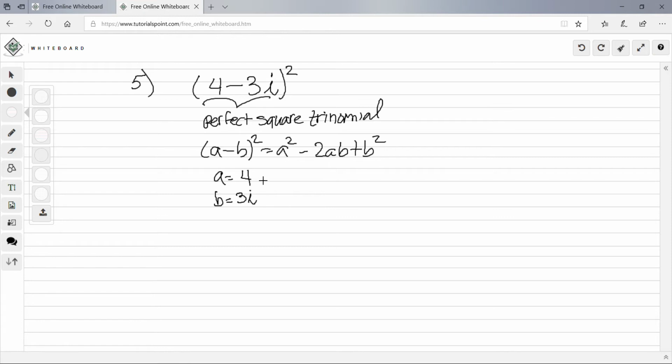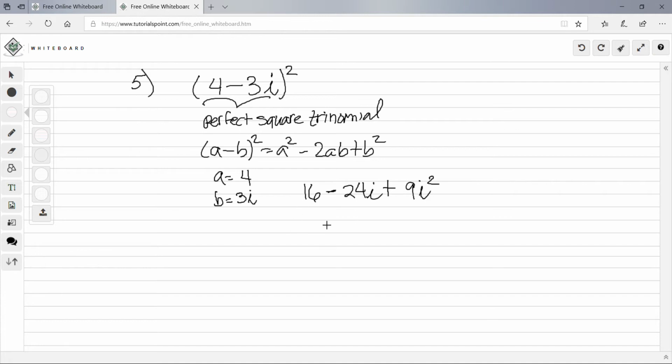So now we know our A and B, so we put it in this form. A squared is 16, because 4 squared is 16, minus 2 times AB. 4 times 3i is 12i, and times 2 is 24i, plus B squared, which is 9i squared.